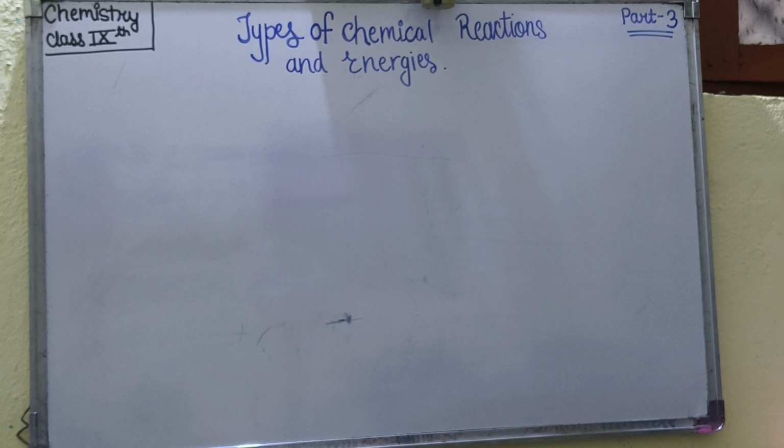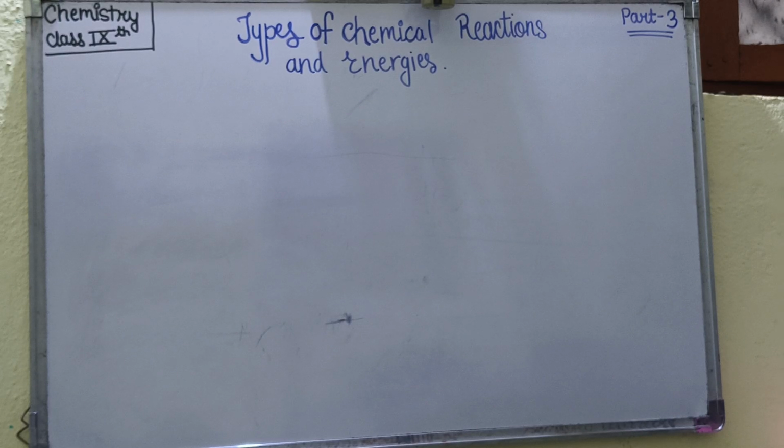Now let us solve a small question based on this. The question says, why are some reactions reversible and some irreversible? So, if products formed in a reaction are not very stable, then the products react back to form the reactants.